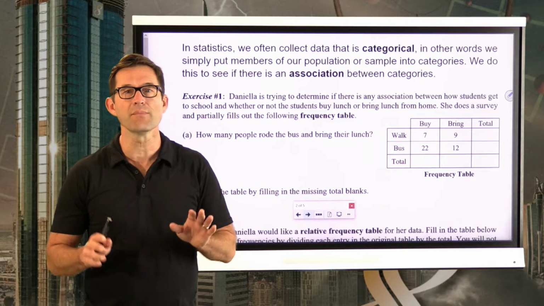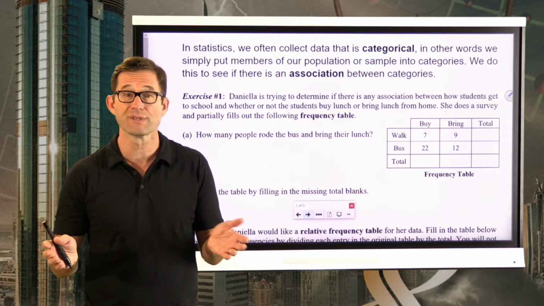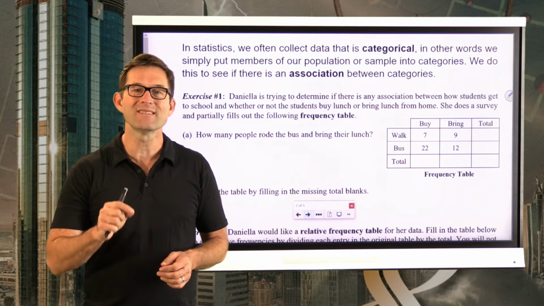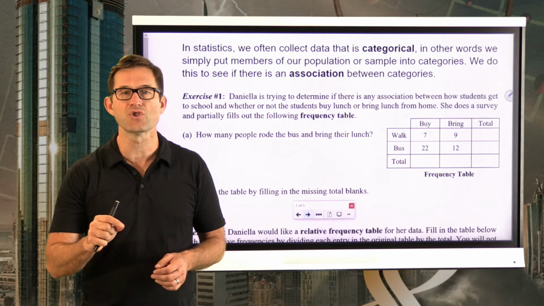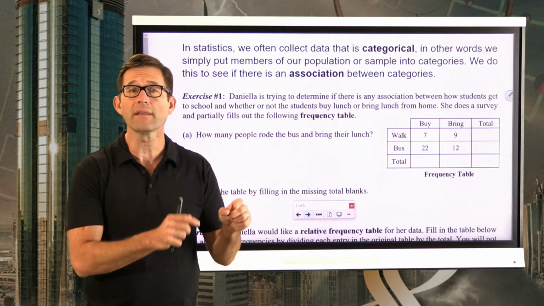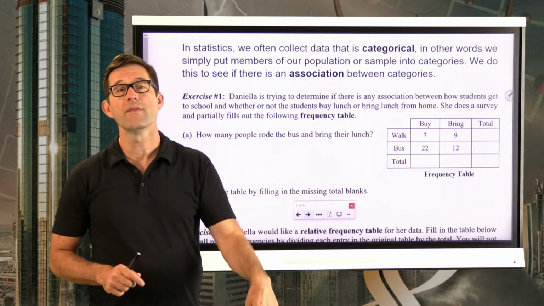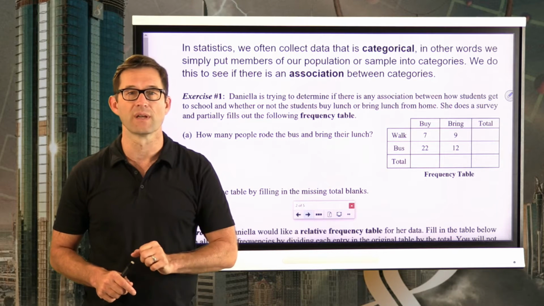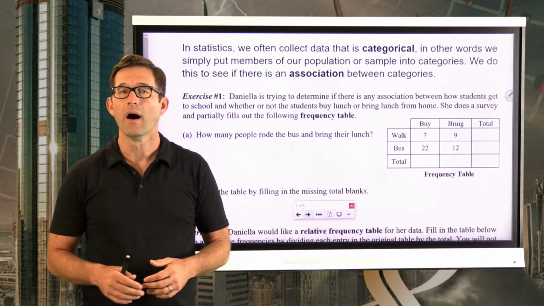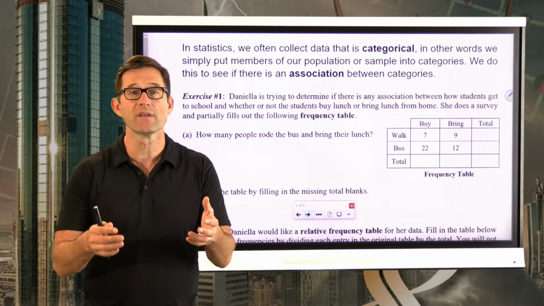In other words, we simply put members of our population or sample, more likely, into categories. And we do this to see if there's some kind of an association between categories. Like, is it more likely if you fall in this category that you'll also fall into this particular category? This is very important in areas like marketing, areas like health research and things like that.